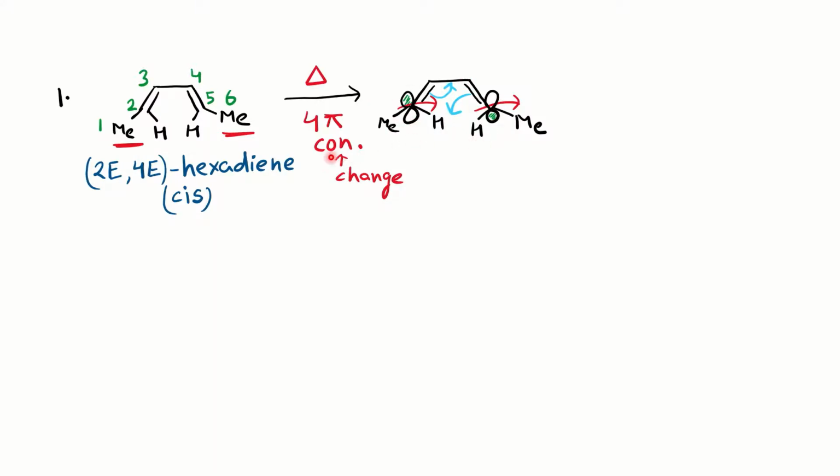So if it is conrotatory, you have to draw the terminal orbital with opposite side shaded lobes, right? And the red arrow indicates the conrotatory motion, and the blue arrow indicates the electron migration. So in that, we can draw the simple cyclobutene ring. You will get a new pi bond formation and a new sigma bond formation.